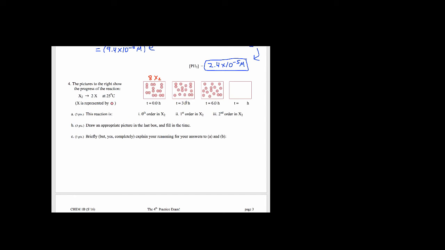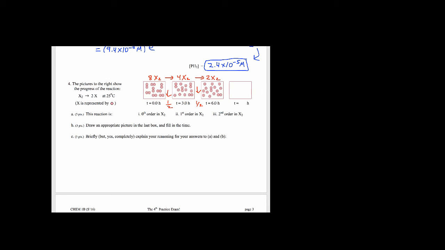After 3 hours, we have 1, 2, 3, 4 X2s. So it's decreased by a factor of 2, half as much. And then after 6 hours total, we have 2 of these X2s. It's decreased again, once again by a factor of 1/2.